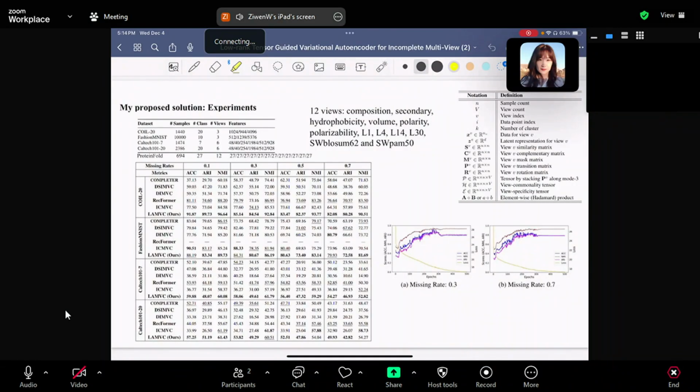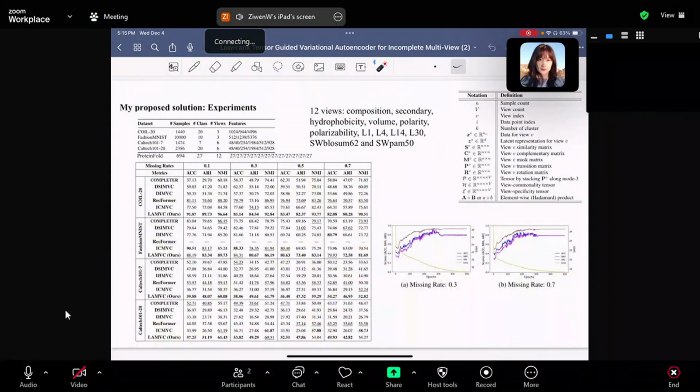But I did find a data set called protein fold, which includes 12 views, or let's say 12 modalities, which include composition, secondary, hydrophobicity, volume, polarity, and many more. The task is to do clustering using all the information from the 12 modalities.